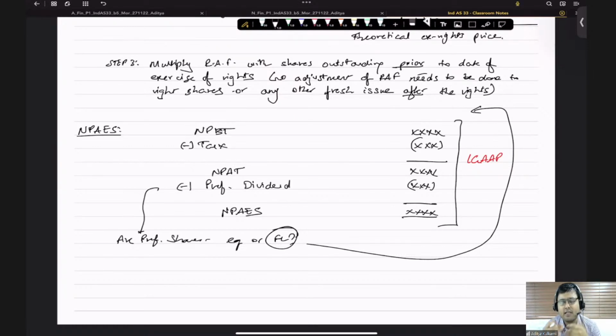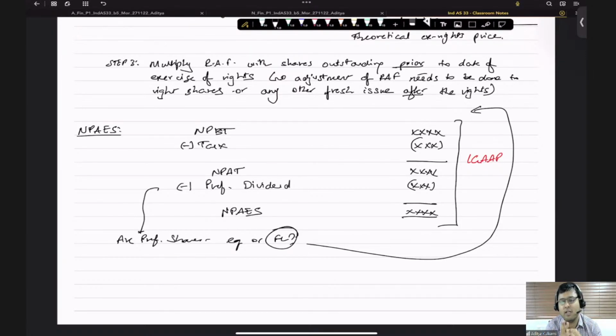Okay. But suppose remotely, now forget Companies Act. We are in Ind AS. Suppose you issued a preference share which is irredeemable with discretionary dividend. Irredeemable means you will never be able to redeem it. And discretionary dividend means when the company decides to issue dividend, you will get the dividend.